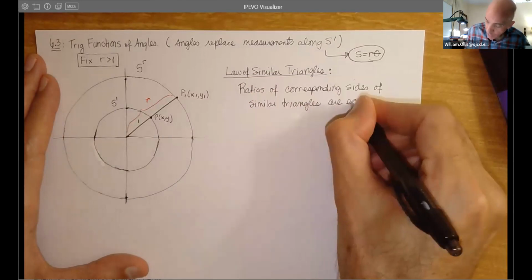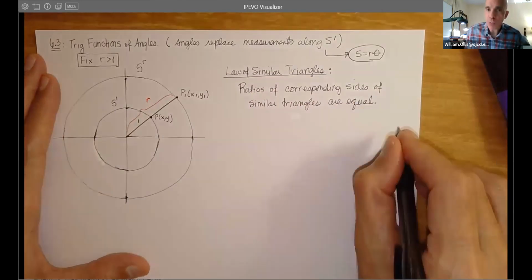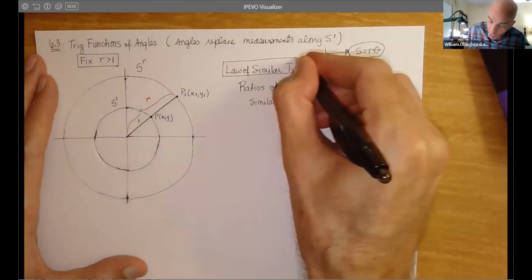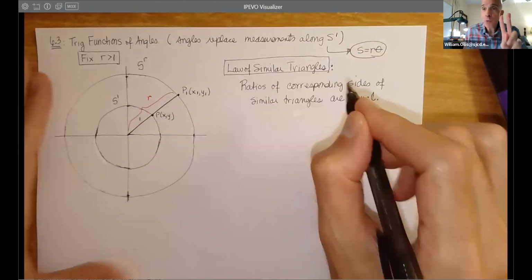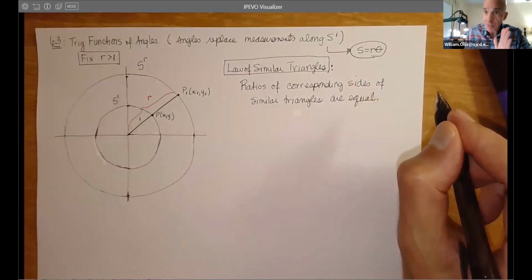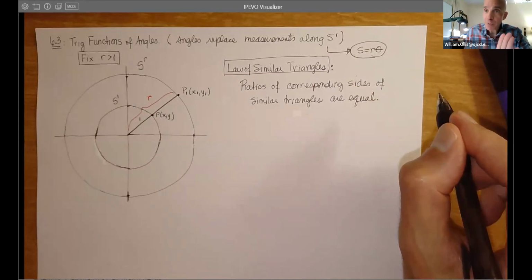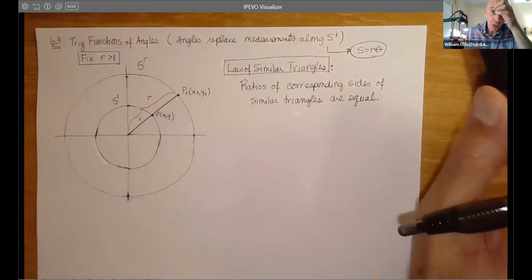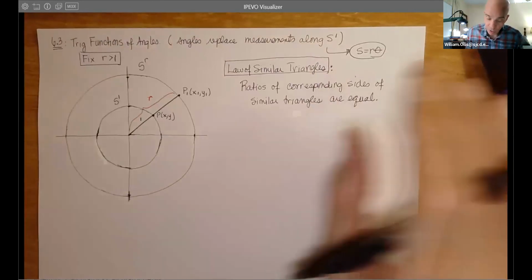This is such a fundamental result. It's like the Pythagorean theorem. Without the law of similar triangles, we would not, well, let's just say there are two things that really create trigonometry: the Pythagorean theorem and the law of similar triangles. The absence of one of those makes all of this go up in a puff of smoke. So this is a huge result.